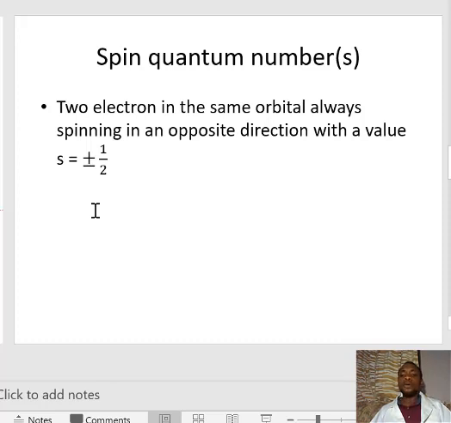Here we have 2 electrons occupying the same orbital, always spinning in opposite directions with a value of plus or minus half.